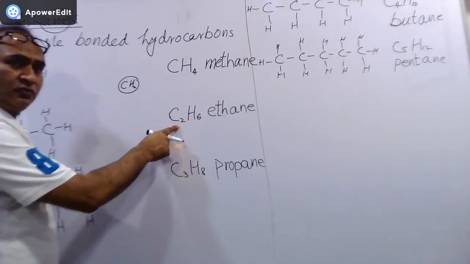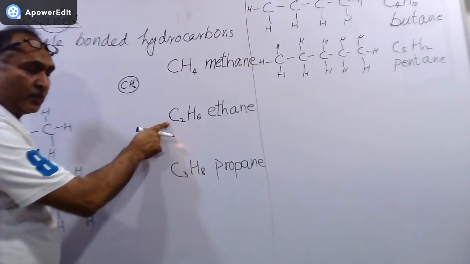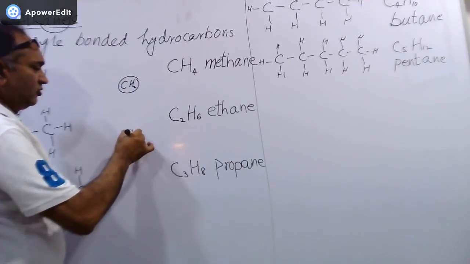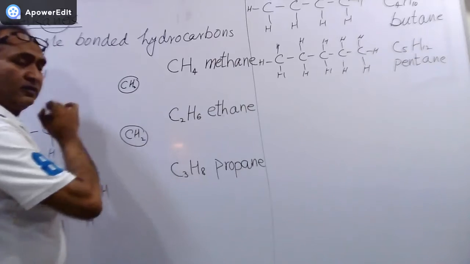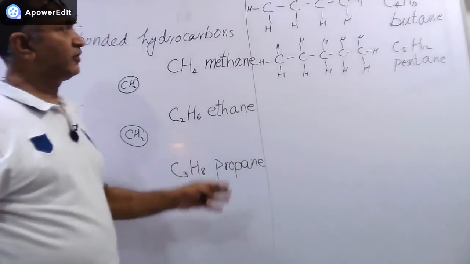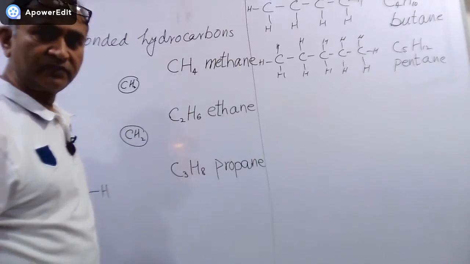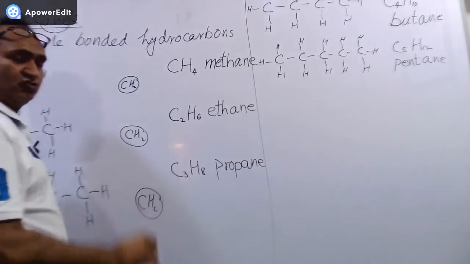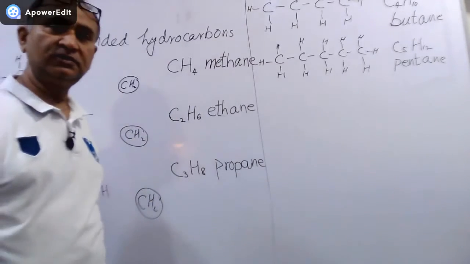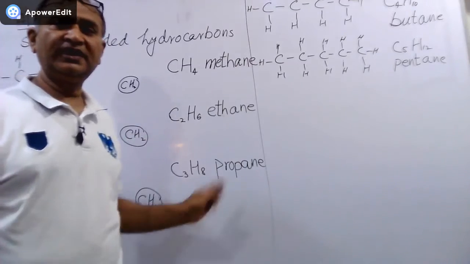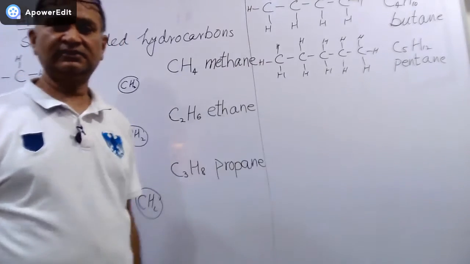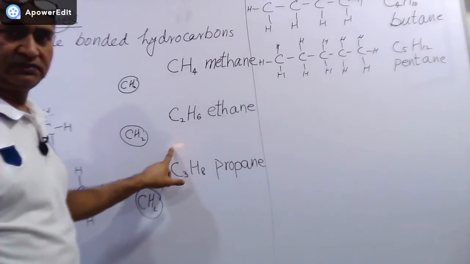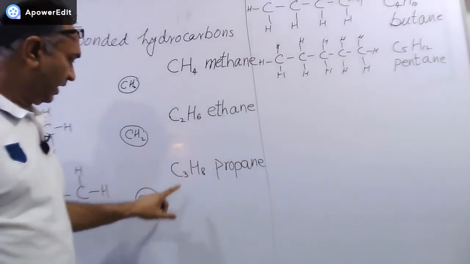Here we have 2, here we have 3, 1 difference. What is the difference of hydrogens over here? 2. Again the difference is CH2. Similarly, the same difference exists in the next two. It means whenever we add CH2 to a compound, it will give you the next one. Add CH2, you will get this one. Add CH2, you will get this one. Add CH2.